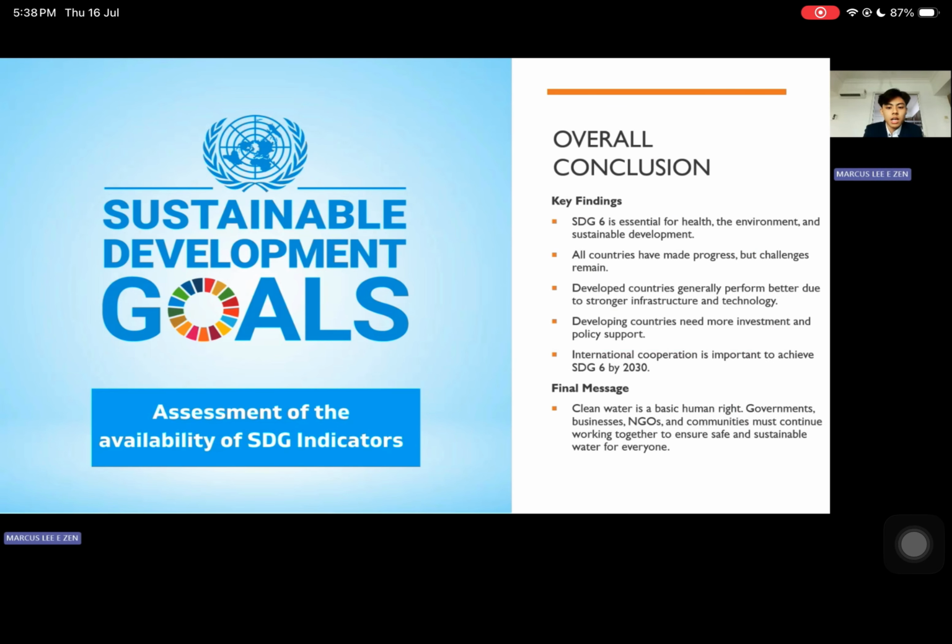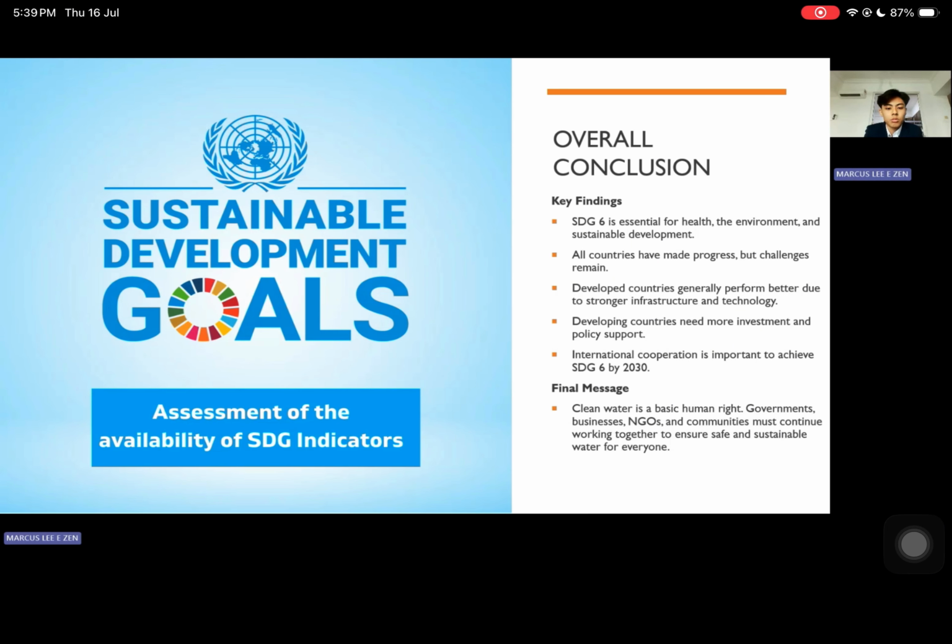So in conclusion, SDG 6 is very important because clean water and sanitation improve people's health, protect the environment, and support sustainable development. From our comparisons, we found that all 6 countries have made progress, but they are at different levels.